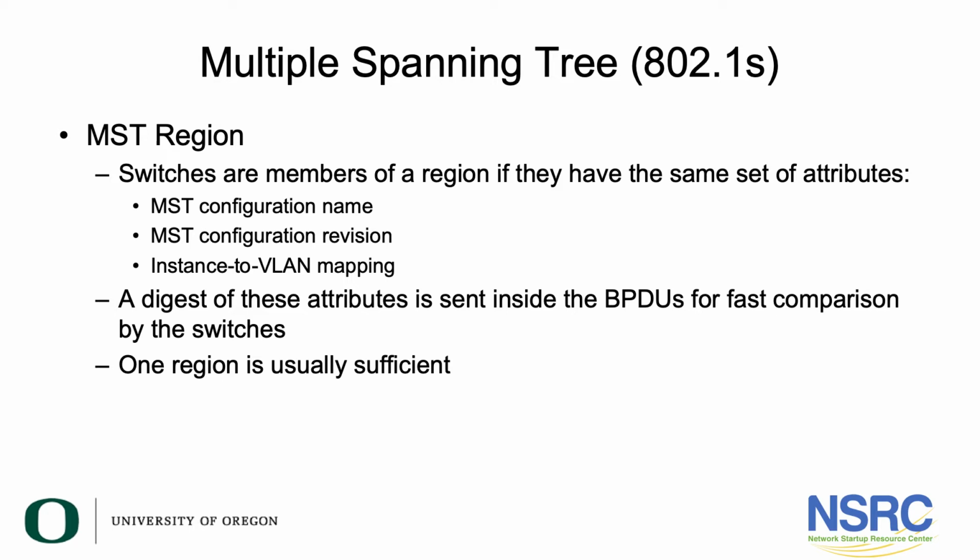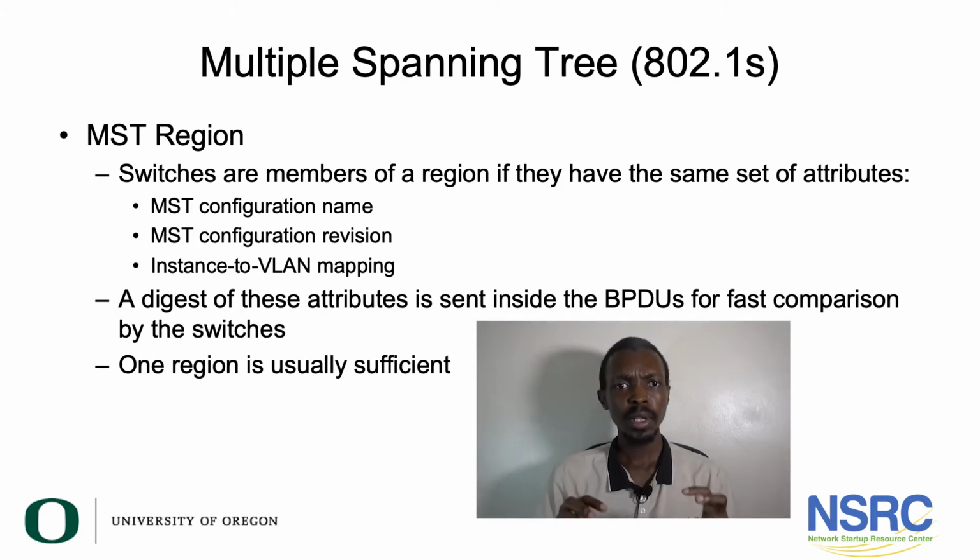An MST region, a multiple spanning tree region, is a collection of particular MSTIs. Switches are members of a region if they have the same set of these attributes: the MST configuration name, the MST configuration revision, and those MSTIs, the instance to VLAN mapping.